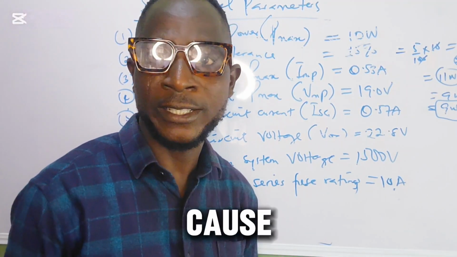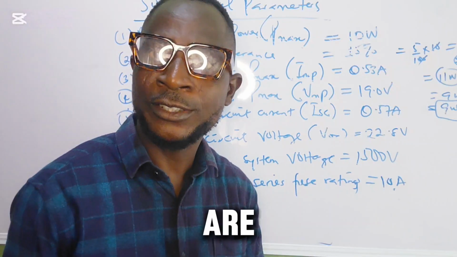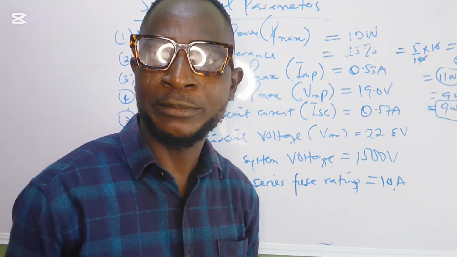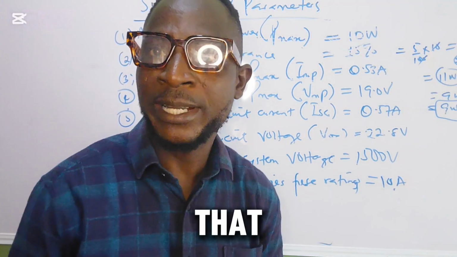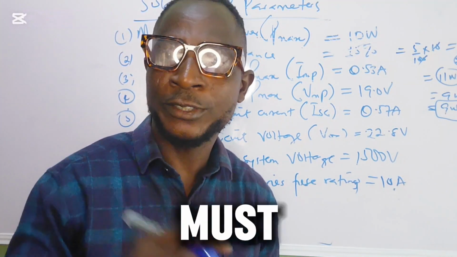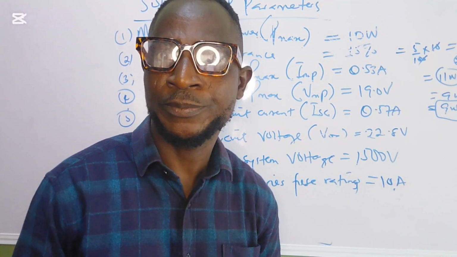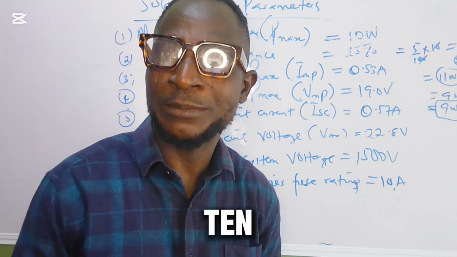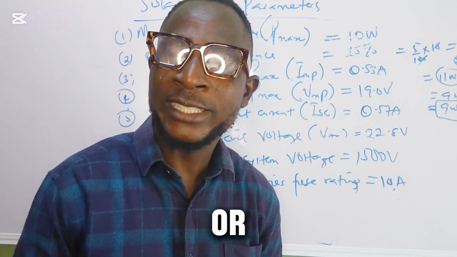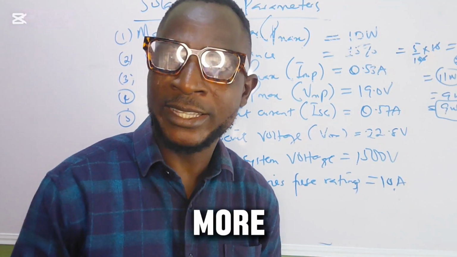It can even cause fire. So that is why if you are installing any system, you check for the maximum fuse rating of that panel. Each string, you must connect a fuse. And that fuse rating should be equal to or less than 10 amps. It shouldn't be more than 10 amps.